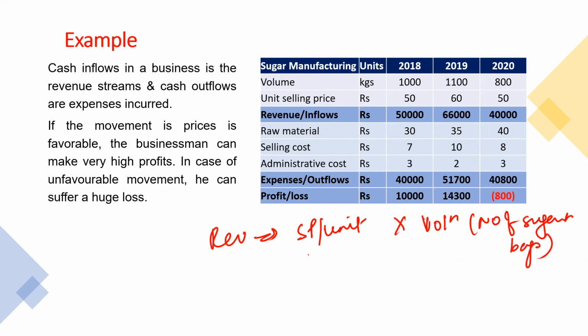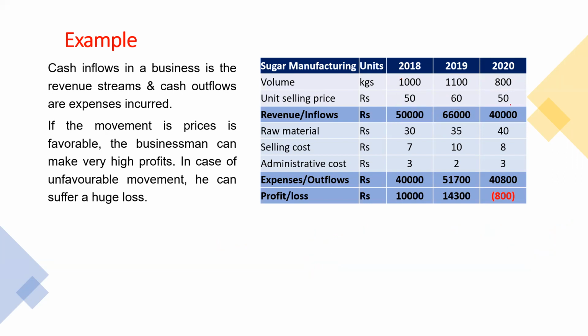So we're talking about the price per sugar bag into the number of bags sold, right? If you see, the volume was 1000, 1100, 800, this is variable, this keeps changing. The selling price of sugar also changes, and therefore the revenues in year 1, or 2018, was 50,000, increased to 66,000, and then declined to 40,000 again.